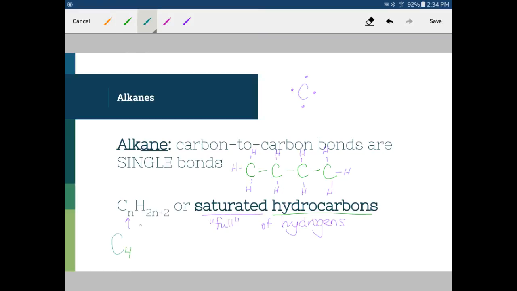And my H is 2n+2, so if n is 4, I have 2 times 4, which is 8, plus 2, which is 10. So I should have a total of 10 hydrogens on my compound. When I take a look, I have 1, 2, 3, 4, 5, 6, 7, 8, 9, 10. So I have C4H10. We'll learn how to name molecules like this as we go through, but essentially you need to know the general structure of these carbon chains first.